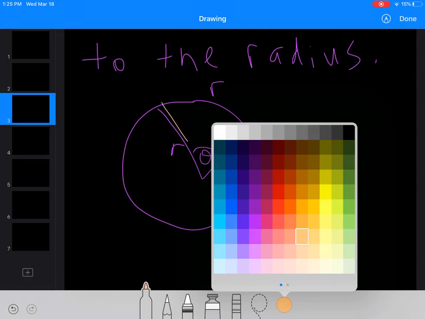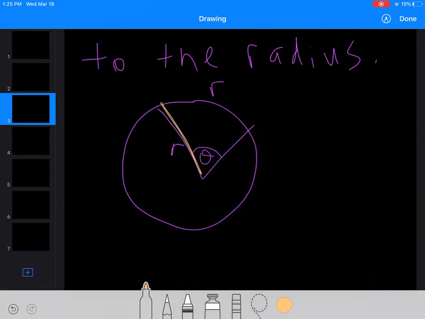So we have the same length of r. If we wrapped it along the circle, it'll stretch out and be formed by that angle. So a radian is just equal to that central angle, theta, where it makes the arc length of r. And this would be 1 radian here.